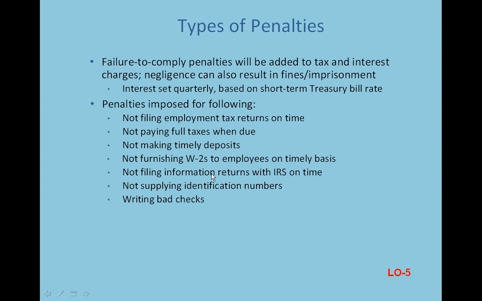Not sending in the information on time, not completing your obligation to report to your employees and the IRS what you paid them, all that detail of payroll, not making your deposits on time, not paying in full when due, not filing your employment tax returns on time, the 941 or the 944. Those are all subject to penalties if they happen.